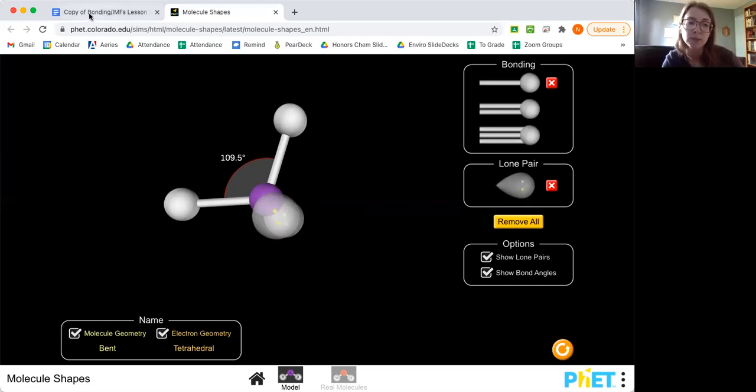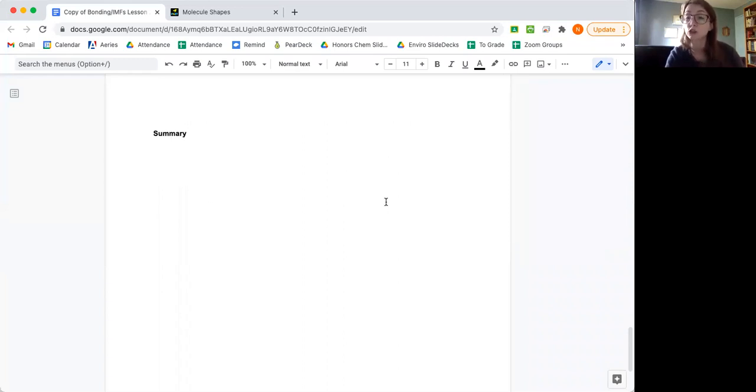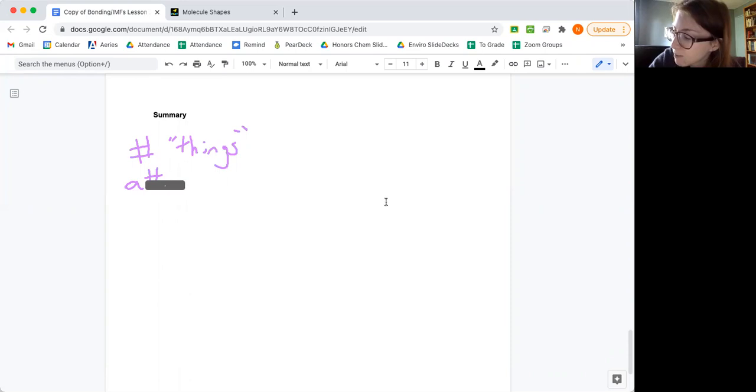So hopefully that helps. What you might want to do in terms of your notes, if you had trouble connecting this to lesson 3, the one we did on Monday this year, you can make yourself a little summary. So not using the formal language, but looking at the number of things attached might help.